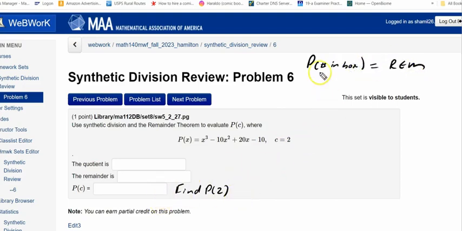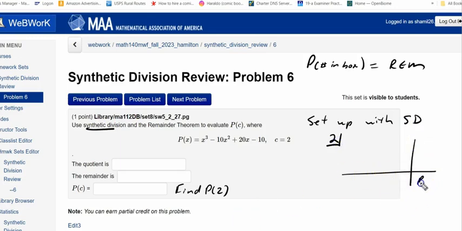So to find this, you're going to set this up with synthetic division. And the number in the box is going to be 2. And then they'll want to know what the remainder is and what the quotient is. Okay. But once you've already found the remainder, then P evaluated at the number in the box is going to be the remainder. So these two answers are the same. So you don't have to go back and evaluate P of 2 directly.